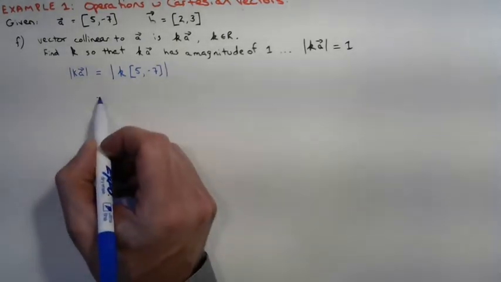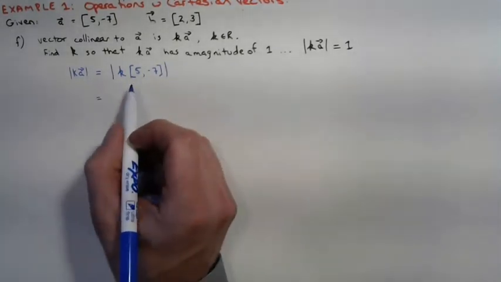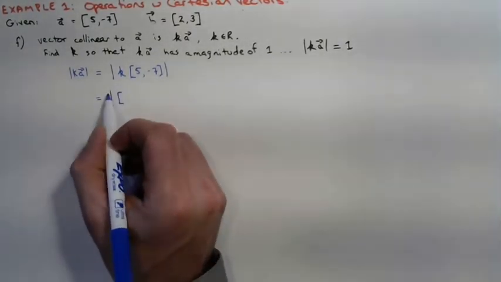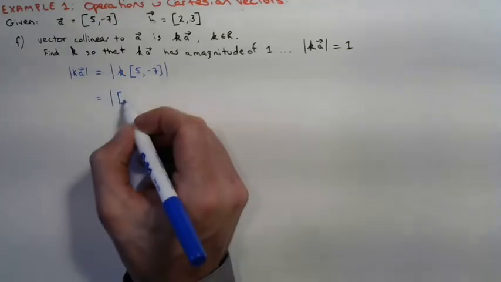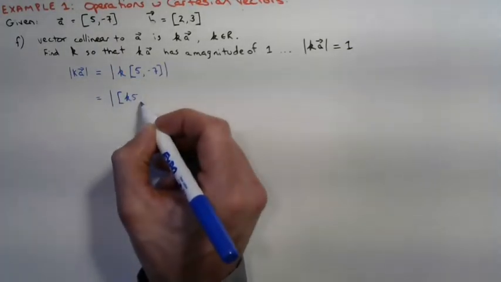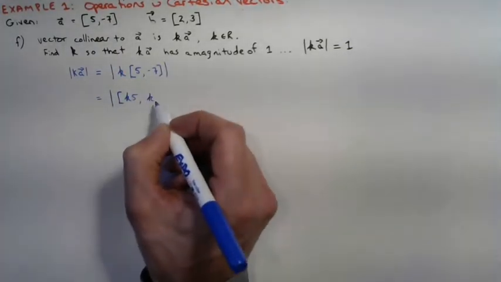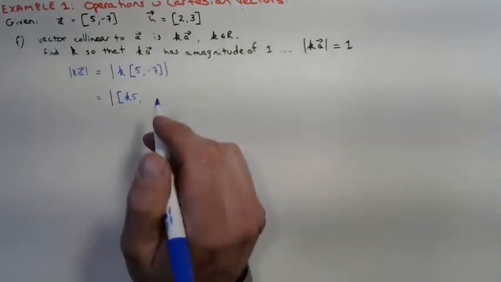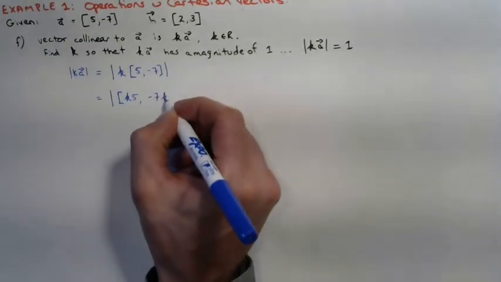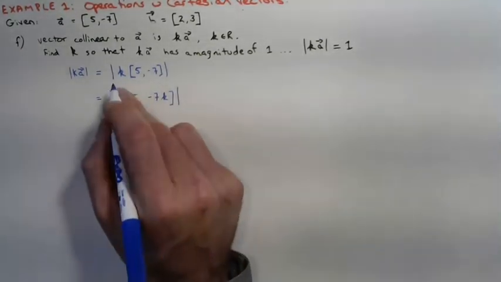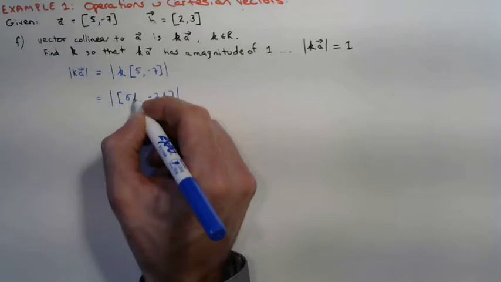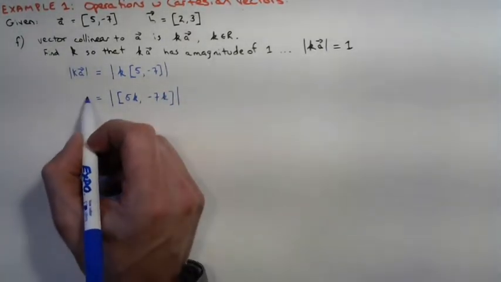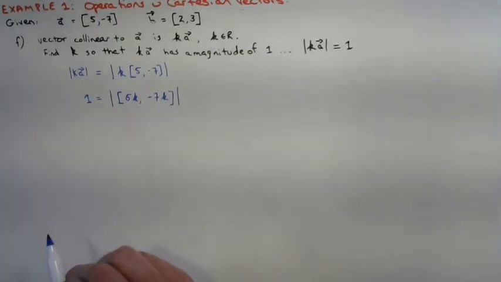Well, let's keep on working this through. I'm going to distribute k to my horizontal component. Right now we're talking in terms of magnitude, so I need the absolute value. So I've got k times 5, and the vertical component is k times -7, or better written as -7k, and this one as 5k. That makes it a little easier to work with. And we know that that is going to equal 1.